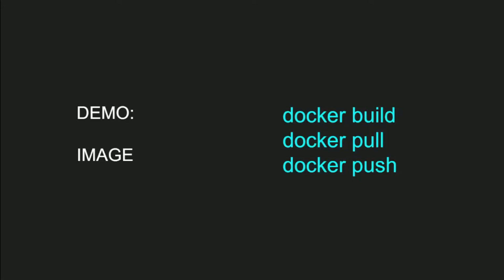Now that we're familiar with our Dockerfile, let's talk about the next step in the lifecycle, and that is the image. Keywords for image are build, pull, and push. Basically, you transform the instructions inside the Dockerfile into a finite project that you can move around.